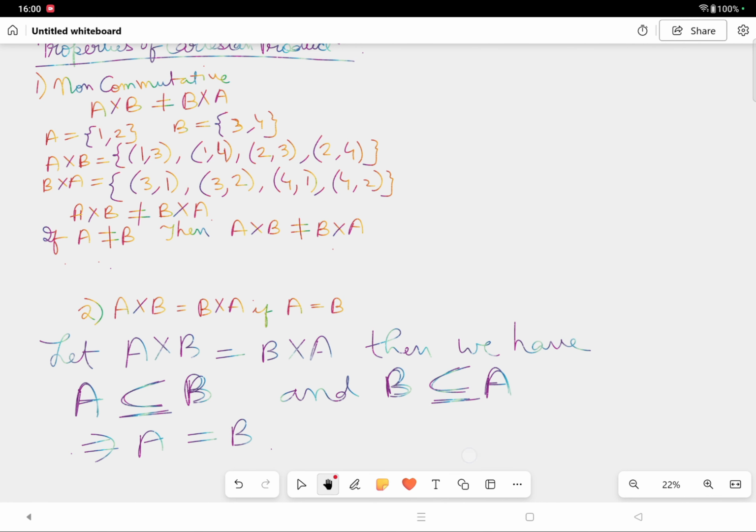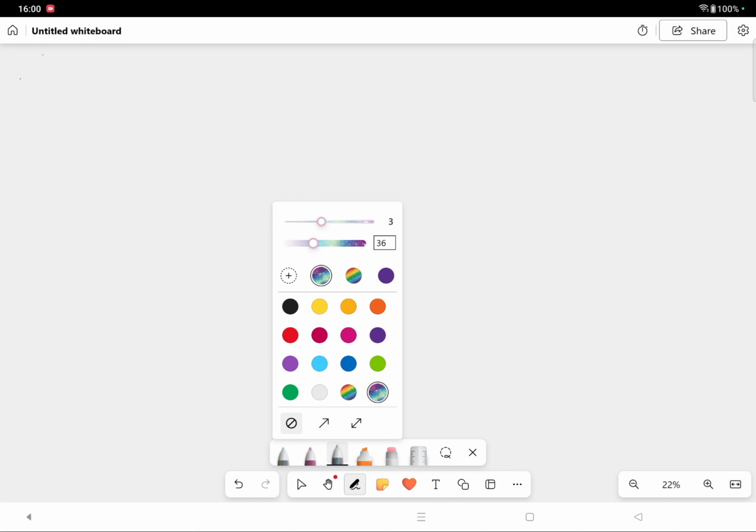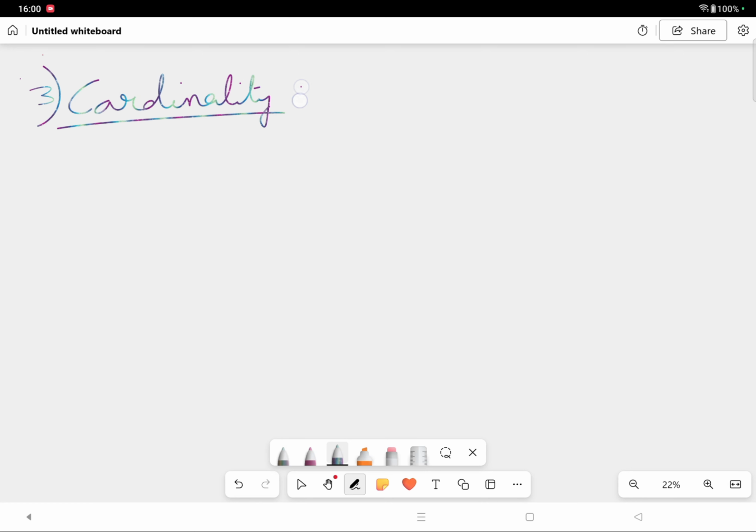Now coming to the next property, property number 3, which is the cardinality of Cartesian product. And you know what cardinality is from the chapter on sets.